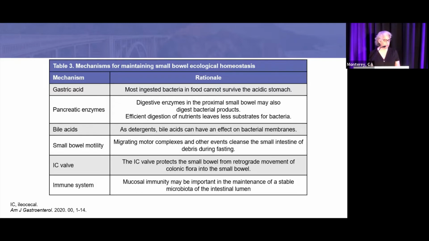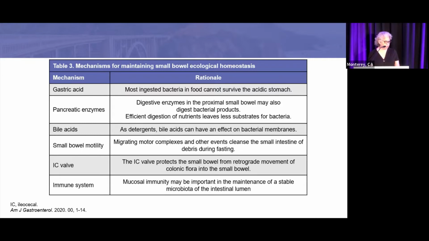Pancreatic enzymes, as we just went to dinner and talked about EPI. Digestive enzymes in the proximal small bowel also digest bacterial products, and their efficient digestion of nutrients leaves less substrate for bacteria. Bile acids are the detergents of our body, and they can have an effect on bacterial membranes. Small bowel motility, of course, is a major issue for SIBO.